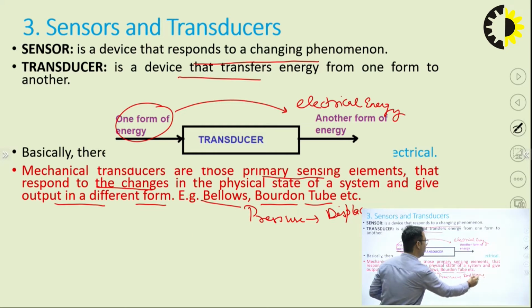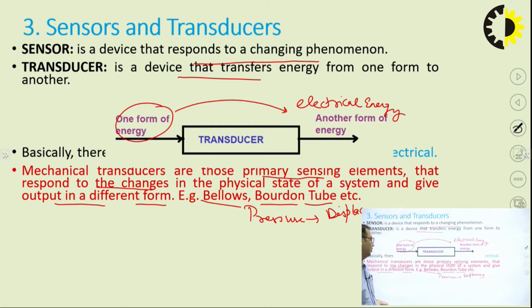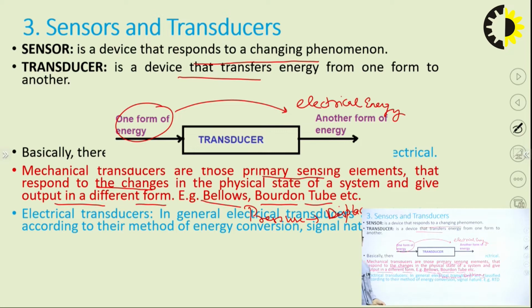So they become primary transducers. Next is the electrical transducer, which converts the output of a mechanical transducer or any other physical quantity into electrical energy, like thermocouple, RTD, LVDT, optical encoders. All these are electrical transducers.